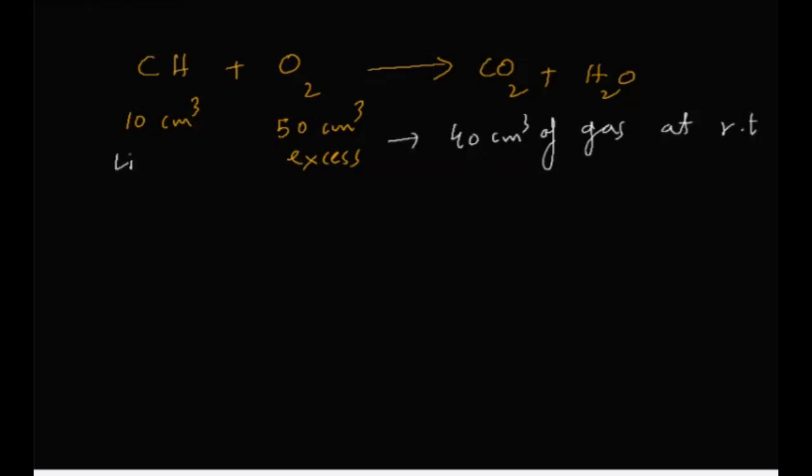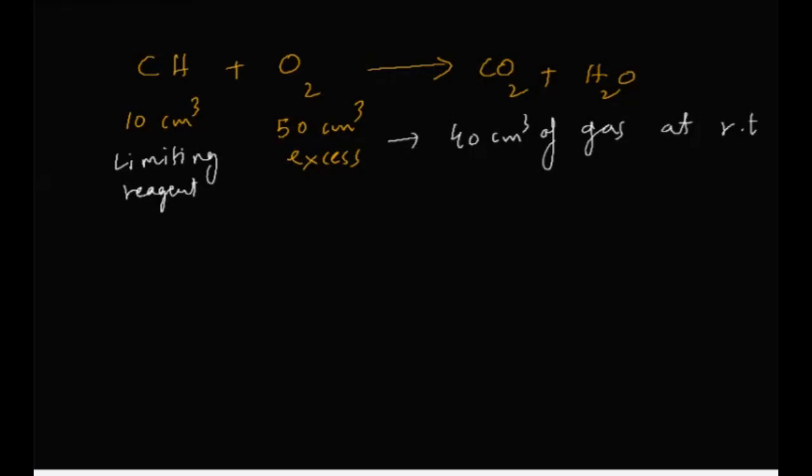It means the hydrocarbon is the limiting reagent. Limiting reagent is the reagent which is used completely. So 10 cm³ of hydrocarbon is used completely, but oxygen is in excess. So not all of the oxygen will be used. Some oxygen may be left at the end of the chemical reaction.